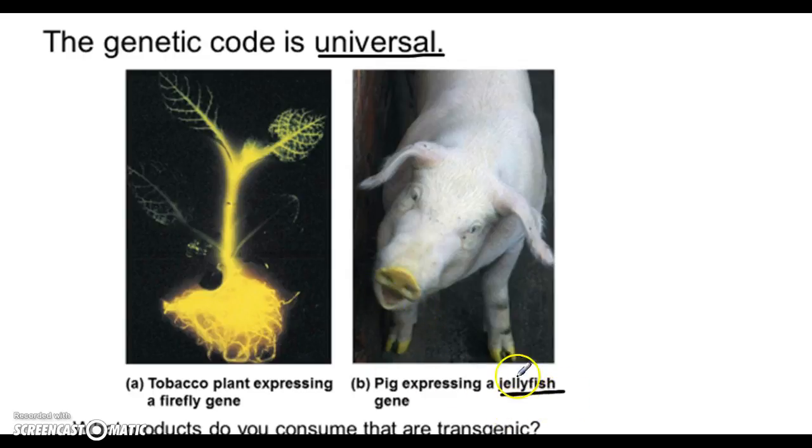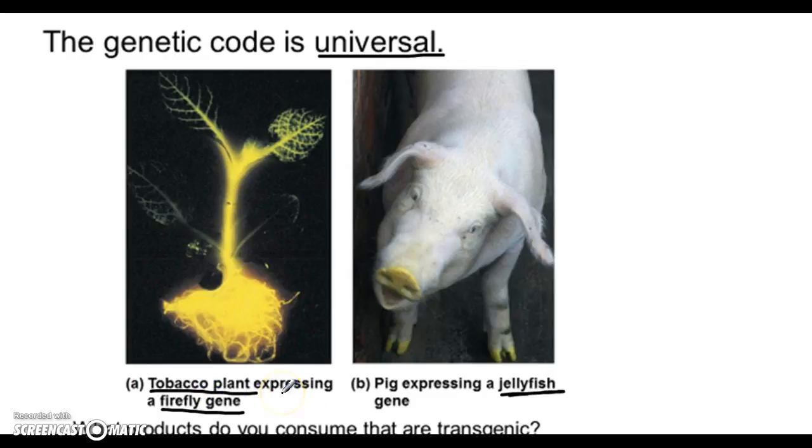Just like here, they inserted it into the pig when it was an embryo, and if we shut out the lights, we'd see the hooves and the snout glowing. They've done something similar with a very similar gene, the firefly gene, and used it to trace the development of a tobacco plant.